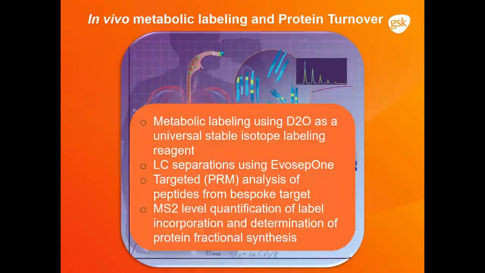So the parts of the workflow that I'll share with you today: I'll try to describe what the metabolic labeling entails when we're using D2O as a universal stable isotope labeling reagent.